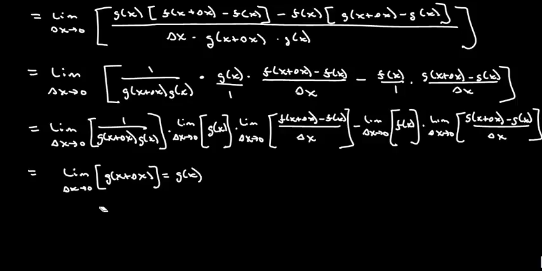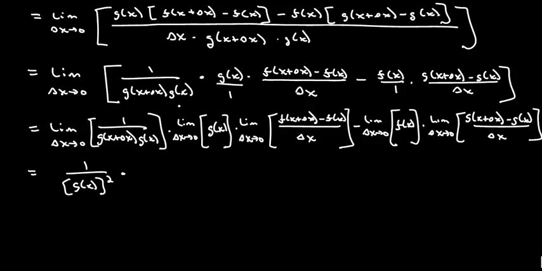But we know that g is differentiable at x, which means that this guy right here is equal to this. We also know that g of x is not 0, and so this ugly mess gives us 1 over g of x squared. Okay, so there's nothing wrong with that.